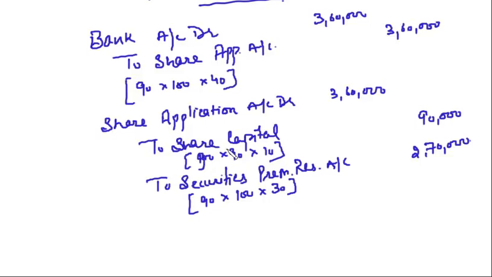Here also I will take 90 employees into 100 shares, right? So 90 employees into 100 shares multiplied by 10 rupees, that is the face value, will be transferred to share capital. 90 employees multiplied by 100 shares multiplied by 30 rupees securities premium will be transferred to securities premium reserve account. Clear?